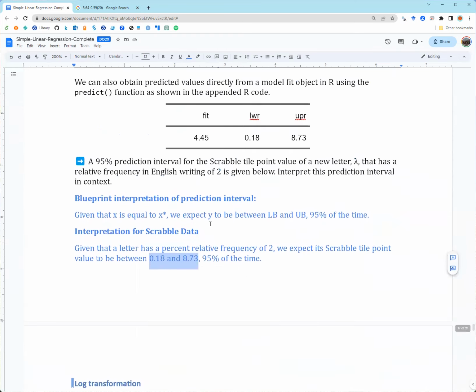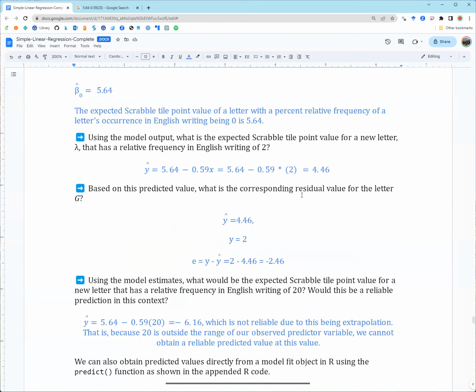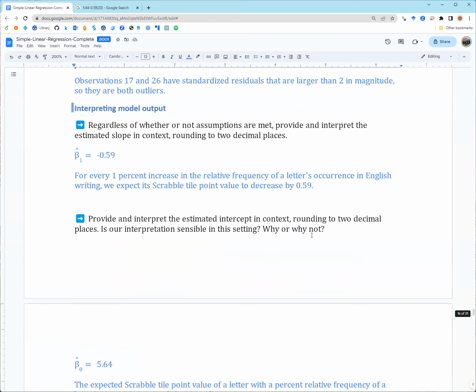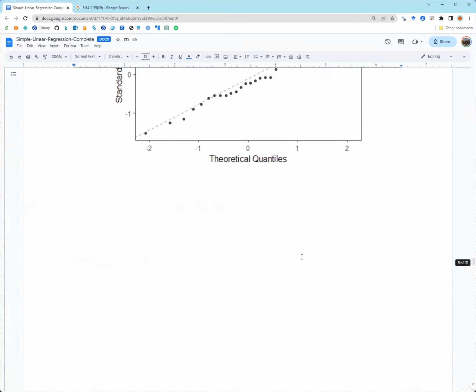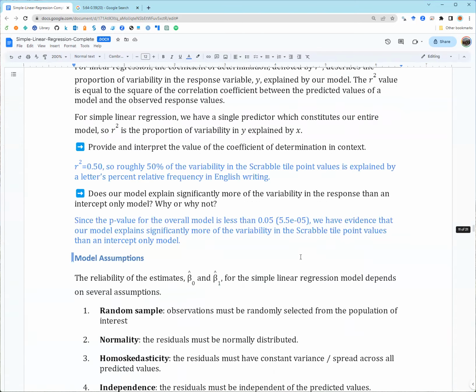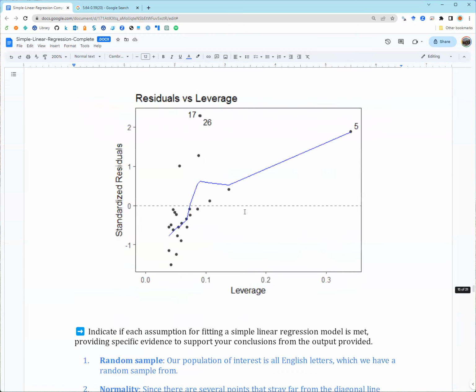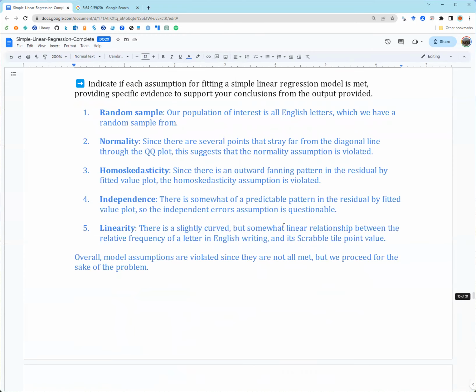So the last thing we'll look at is, if we remember back to these assumptions not being met for this model, so what do you do? We checked all the assumptions. Where was it? Here. And many of them were violated, right?